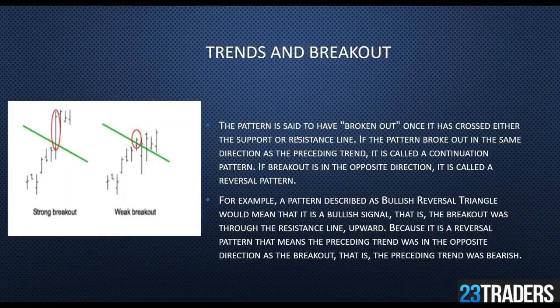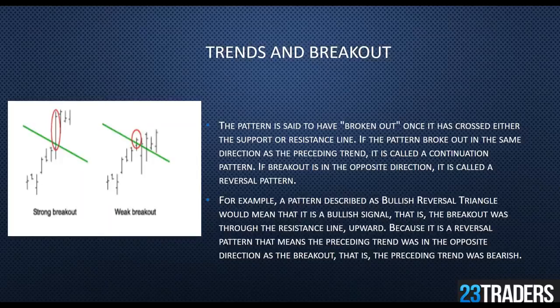Okay. So the pattern is said to have broken out once it has crossed either the support or the resistance line. If the pattern broke out in the same direction as the preceding trend, it is called a continuation pattern. So in other words, if you're in an uptrend and the price breaks out towards up, it is considered a continuation.